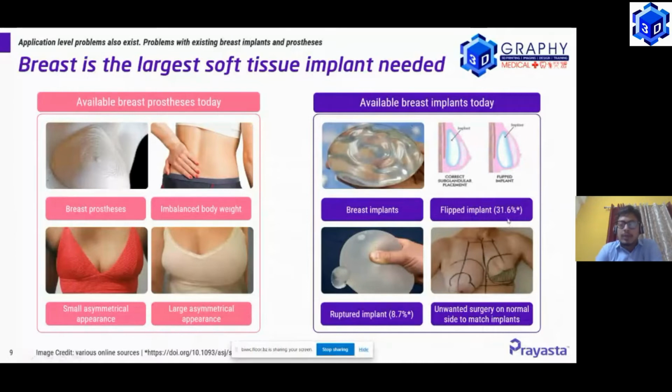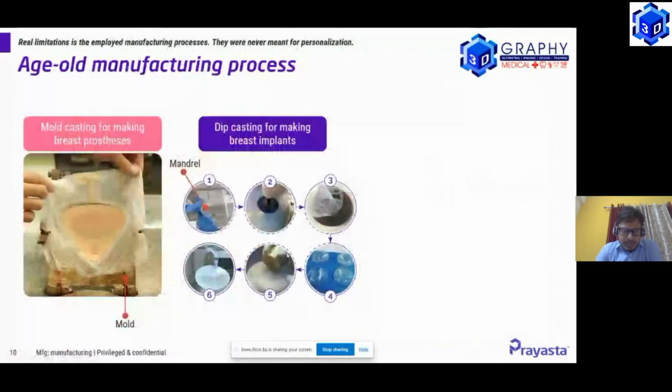That is why almost 32% of breast implant surgeries require a corrective surgery, because the implant has been displaced from its position. So these are some of the issues with the breast implant, and people have tried to personalize them, but could not, again because of the age-old manufacturing process of molding.